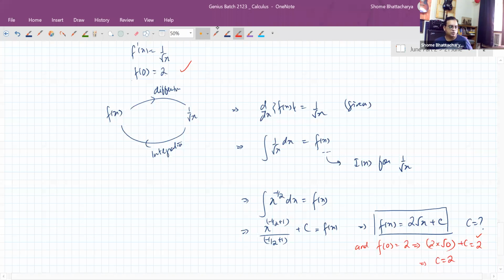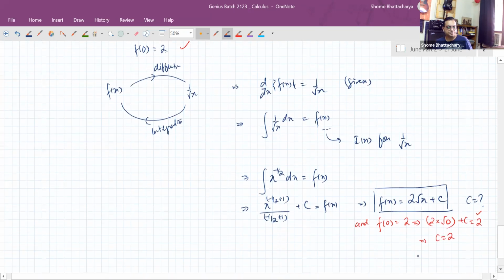So it means that the particular function which has both these properties, that its derivative is 1 by root x and its value at 0 is equal to 2, that particular function is this one.